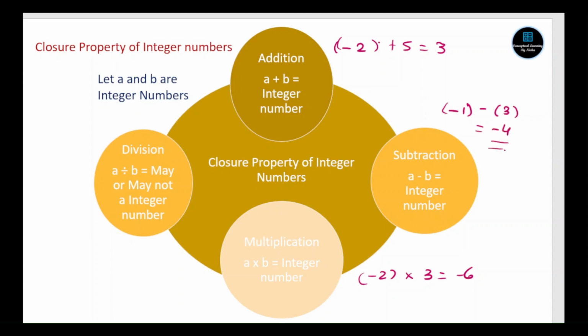This is an integer value, right? But in the case of division, let's say negative 3 divided by 0, we won't get an integer value, right? This is not defined. So this is not valid for division, correct? So the closure property is valid for addition, multiplication and subtraction in the case of integers, and not valid for division. Alright? Okay.